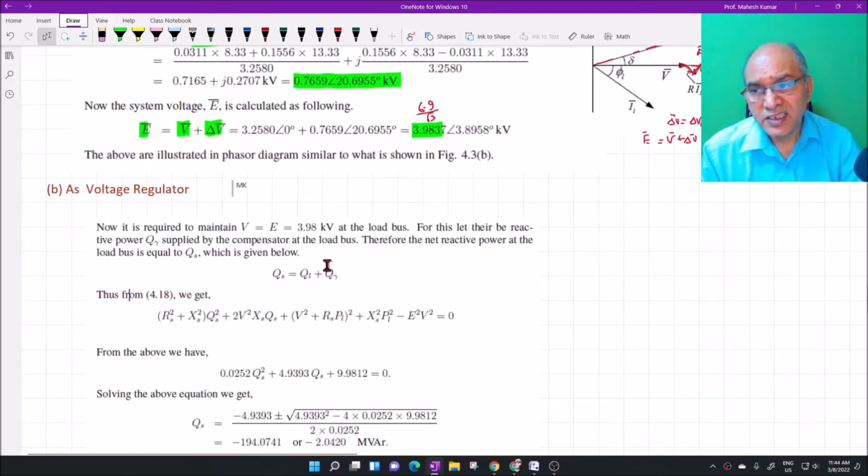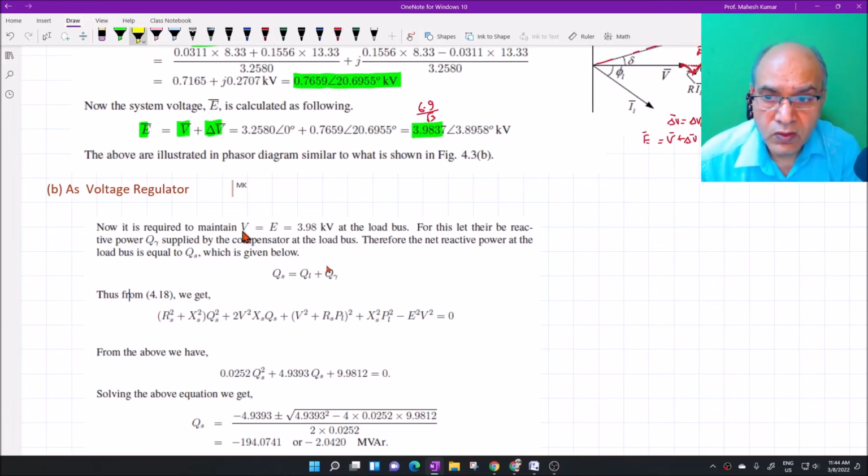In the second case, we use a compensator as a voltage regulator. So we want to maintain both the voltage, that is the load bus voltage and the source bus voltage, at the constant value 3.98, which is 6.9 by root 3 per phase voltage, for a certain value of Q gamma, such that Q gamma plus QL is QS.